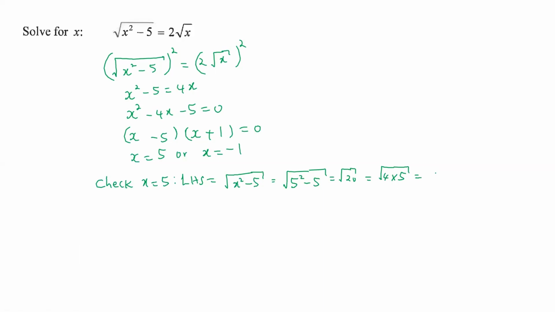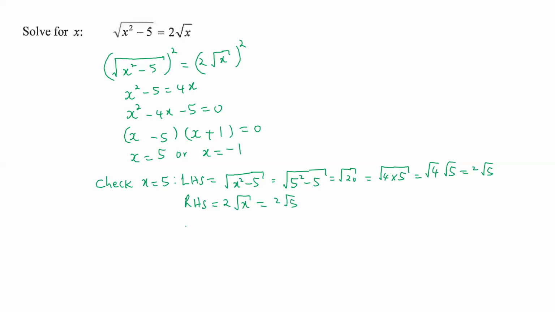It's exactly the square root of 4 times the square root of 5. What is the square root of 4? It is 2, into the square root of 5. Now we shall look also at the right-hand side of the original equation, which is 2 into the square root of x, which is therefore 2 into the square root of 5.